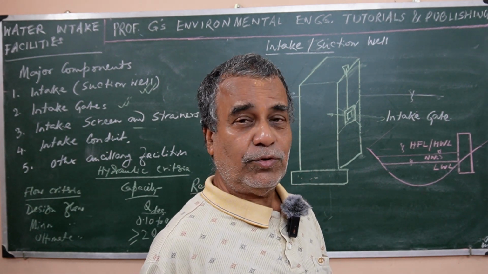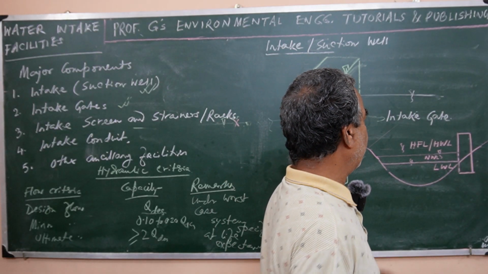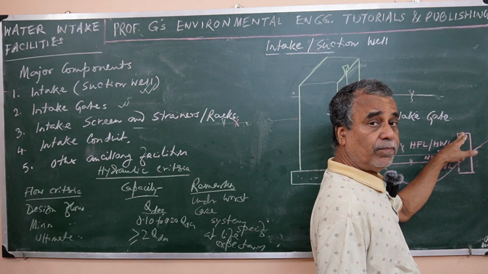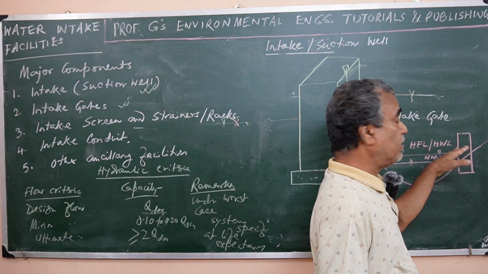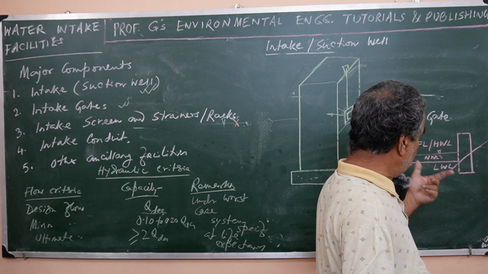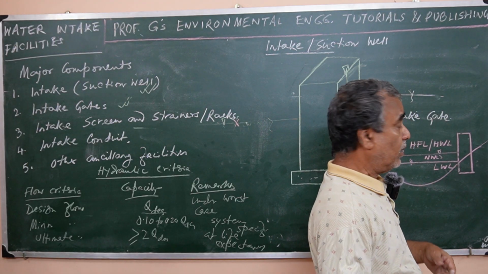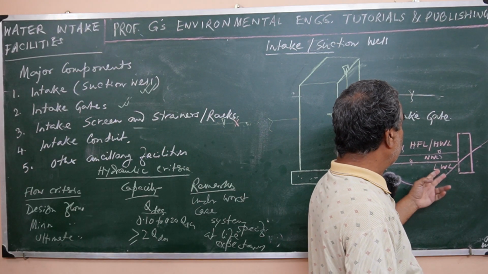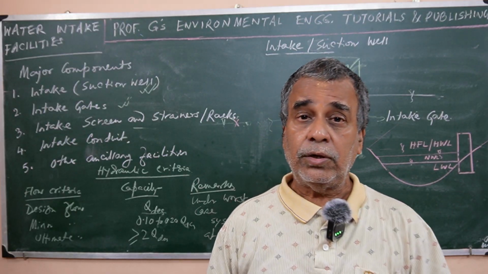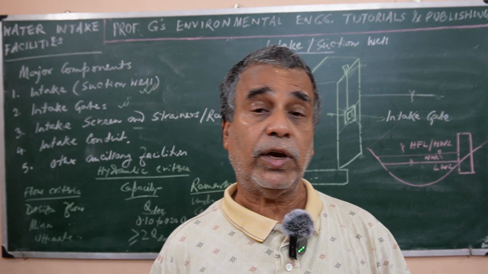Being a civil engineer, you understand that the top level should not be below the highest flood level, otherwise it will be submerged. And the lowest water level, as I have explained, has to be carefully located.